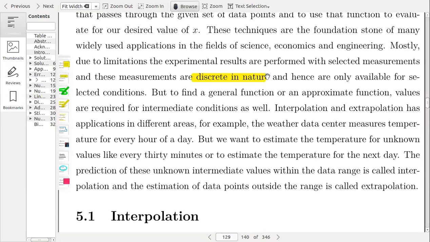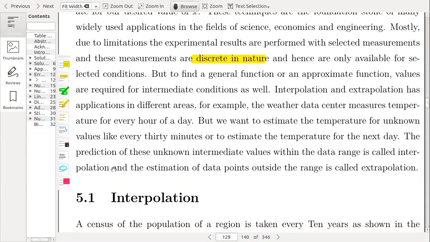So in this example, we are given the data which was collected after every hour in a day, but we are interested to find the data which is collected after every 30 minutes or maybe for the next day.